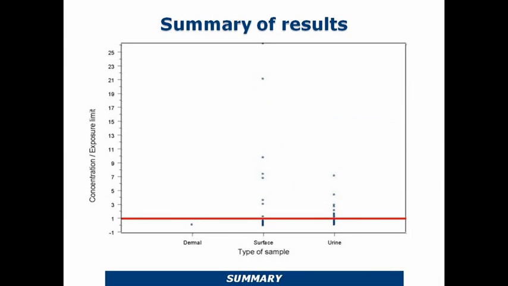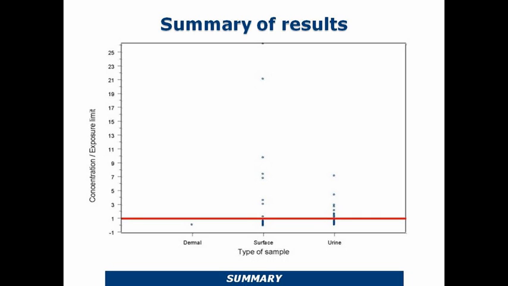So in terms of an overall summary of results, what we did was we looked at our contamination levels, and then we divided it by whatever exposure limit we could find. I already mentioned earlier on that there are no known legislative exposure limits. These exposure limits are basically found in the literature as recommended exposure limits.